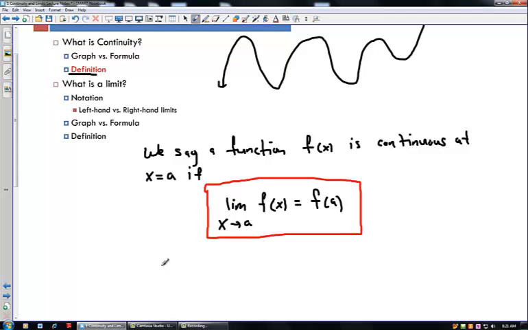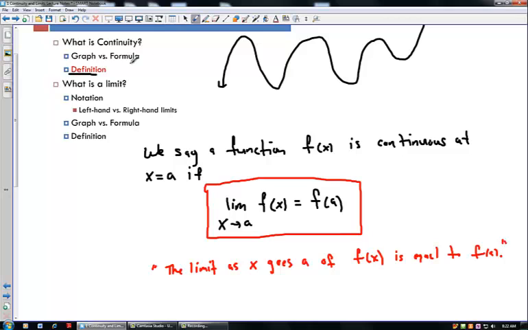We say this is the limit as x goes to a of f of x. And then, of course, on the right-hand side, you could say it is equal to f of a.